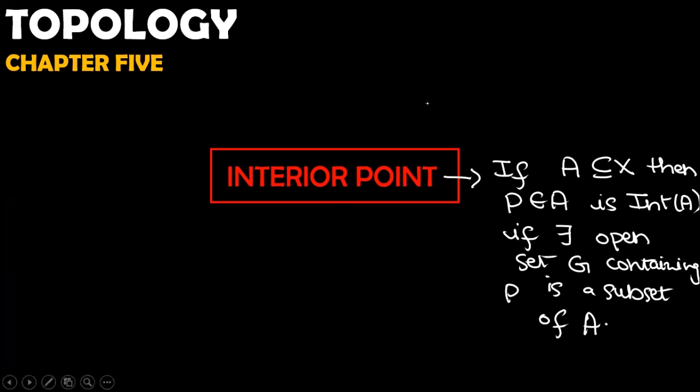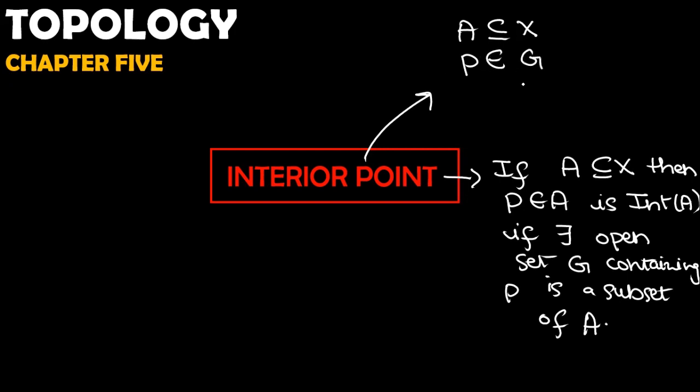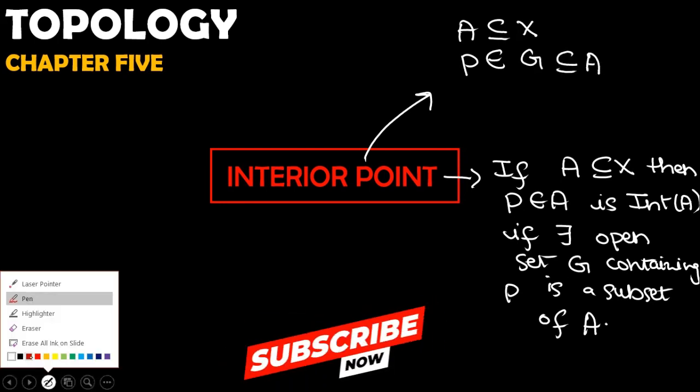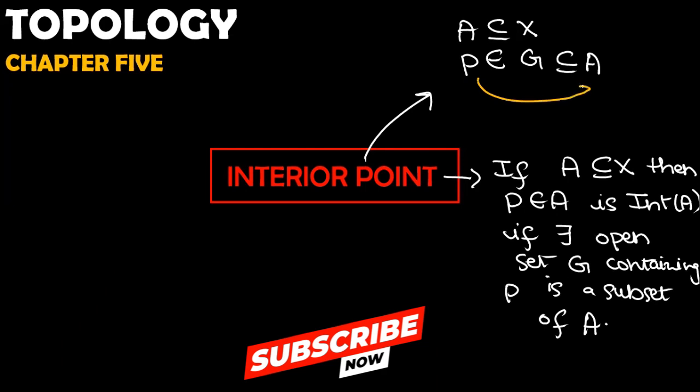I mean that if A is a subset of X, then P is an interior point of A if P belongs to an open set which is a subset of A. Then P is an interior point of A.